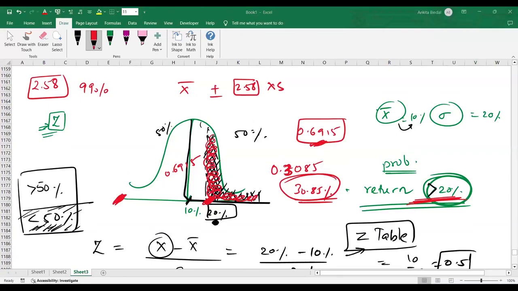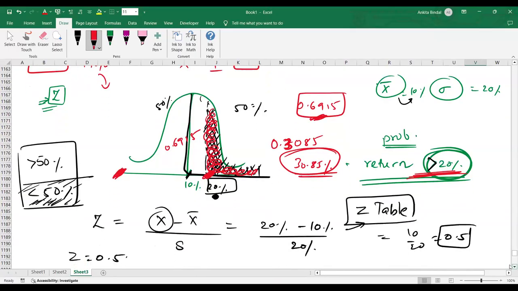Ma'am, can you explain this 30.85 again? Actually, we are solving this one, correct, ma'am? So we are solving x minus x bar divided by standard deviation, correct? Yes, the formula is x minus x bar divided by standard deviation. So we are getting 0.5.